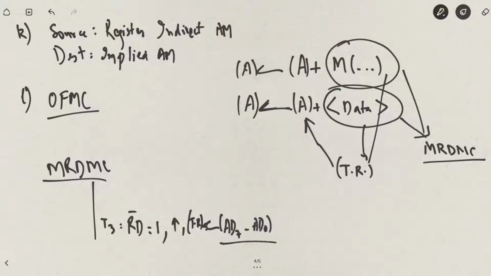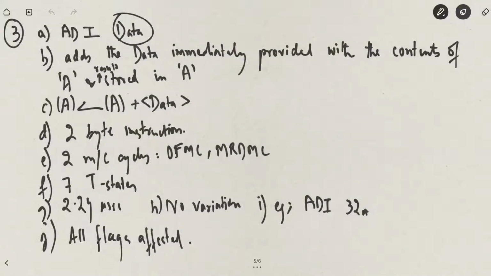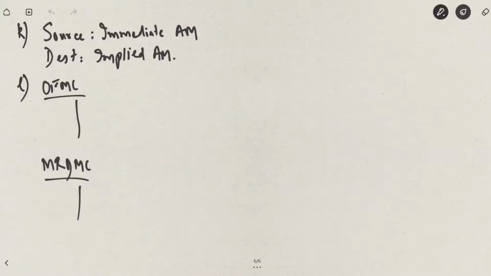So in the T3 state of the memory read machine cycles, for this case as well as for this case, whatever data we are reading will be transferred to the temporary register. Let me write this down for you completely. IO/M bar is 0, S1 is 1, and S0 is 0. Opcode fetch machine cycle will be the same.